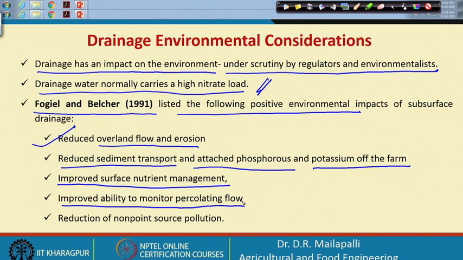These drains create negative pressure, which improves the percolation of water and reduces the non-point source pollution, or diffused pollution. That is going to decrease due to the drainage systems.